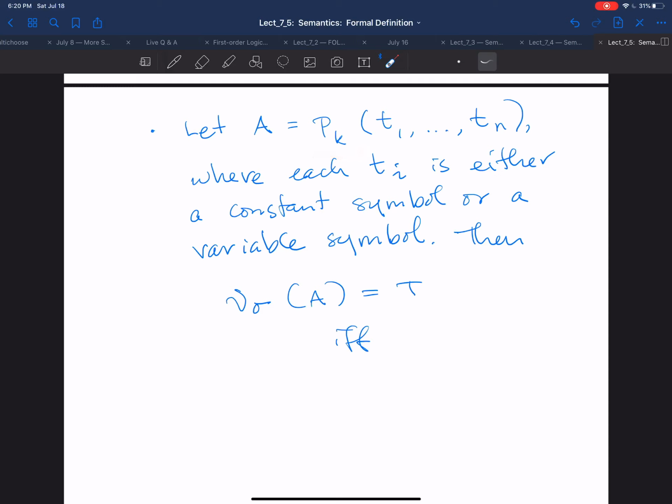So in other words, the truth value of the formula is T if and only if d1 through dn, the elements of the domain denoted by our terms, the n-tuple of those elements of the domain, belongs to the n-ary relation Rk.